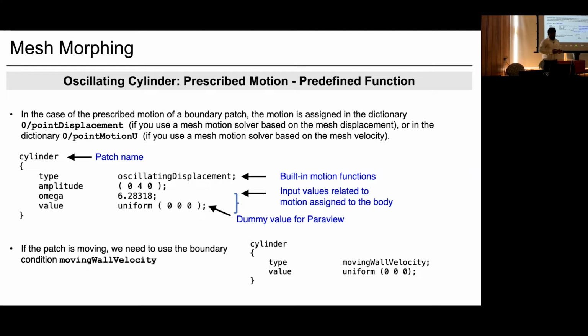If the patch is moving, you also have to change the boundary condition, as I said before, to moving wall velocity. Instead, if you choose velocity Laplacian, there will be a file called point motion u within the 0 folder, and you can define a similar predefined function there to implement the body motion.